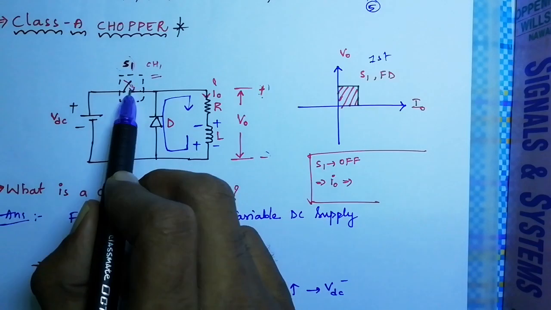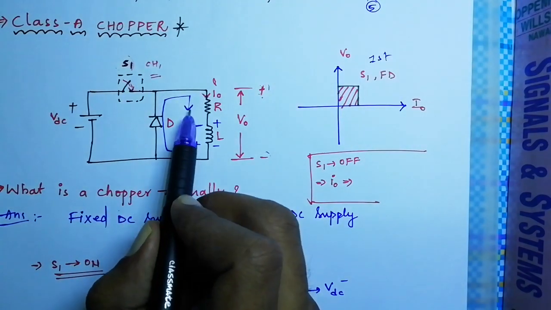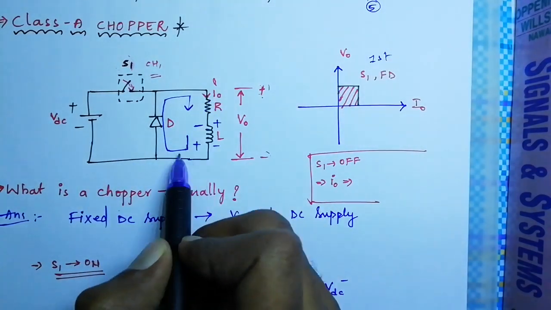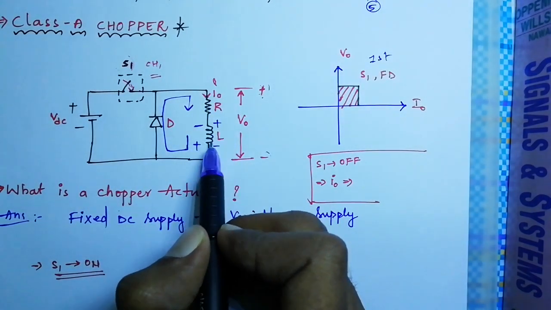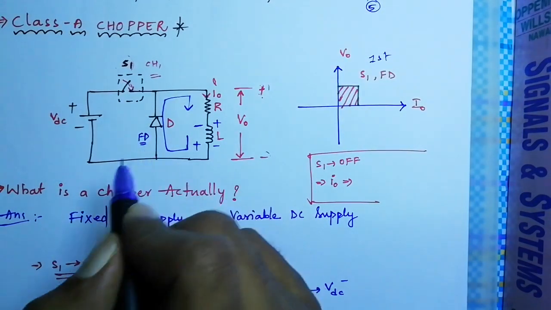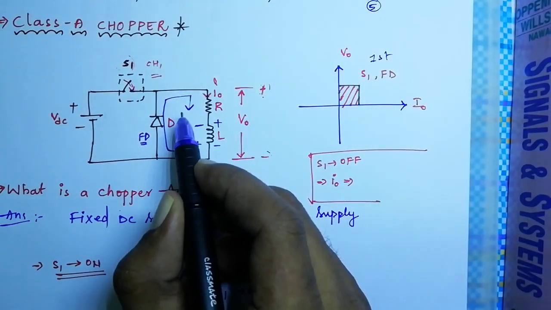Switch open means infinite resistance, whereas here I have a diode which is forward biased. Forward biased means it is a closed switch, so definitely the inductor current will flow through this particular diode, and we call this diode the freewheeling diode also. So my current is circulating in this way.